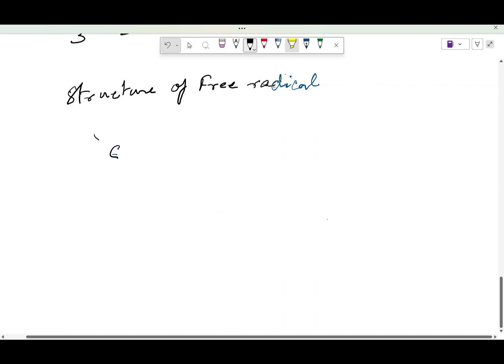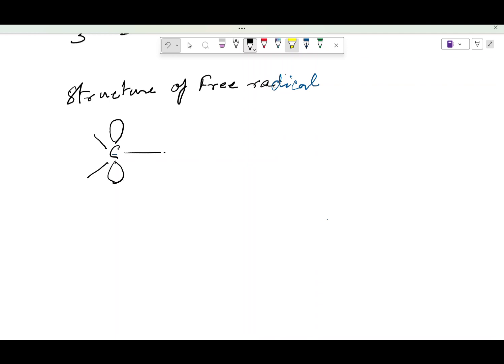Now in the free radical, this carbon is sp2 hybridized. And naturally in the sp2 hybridized carbon, the bond angle is 120 degrees. And this is the vacant p orbital. And in that vacant p orbital, the free radical is lying.